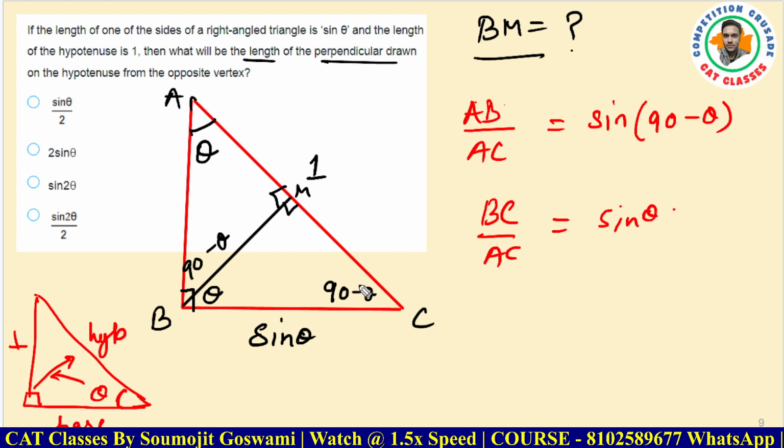Now in triangle BMC, let's see. Perpendicular is this one, right? So BM by BC will be sine 90 minus theta.